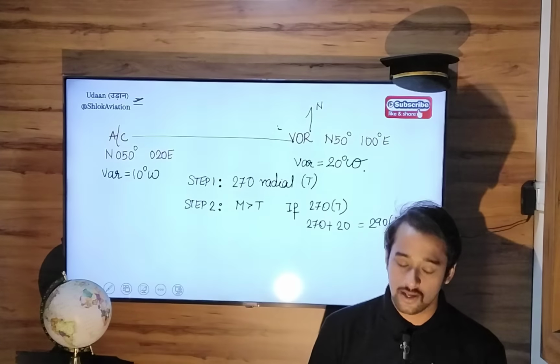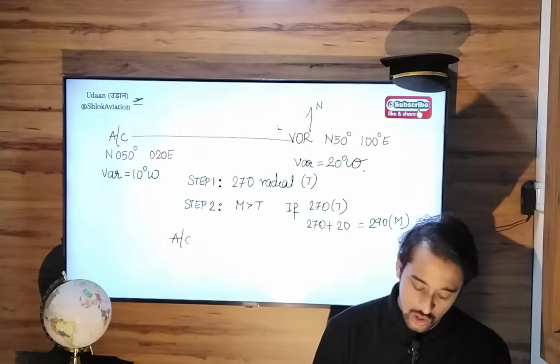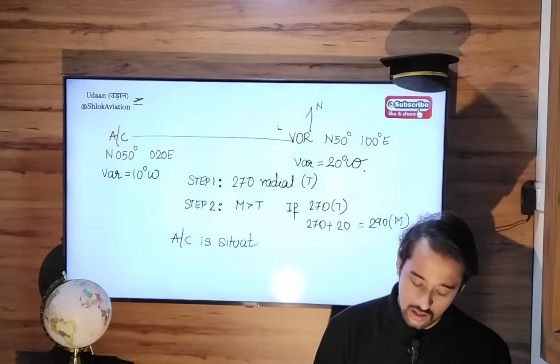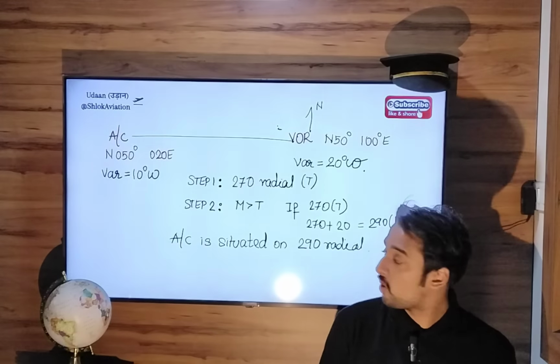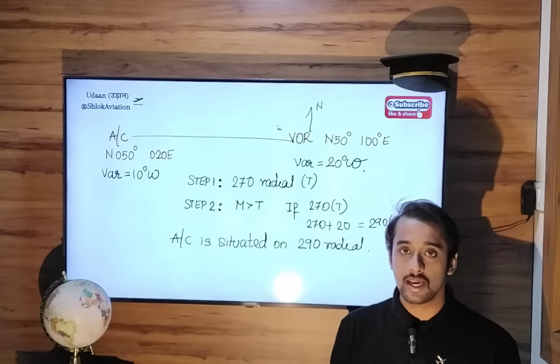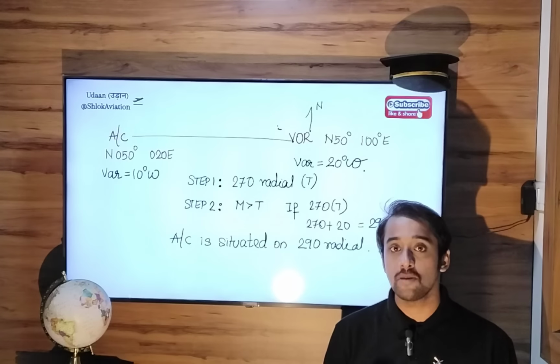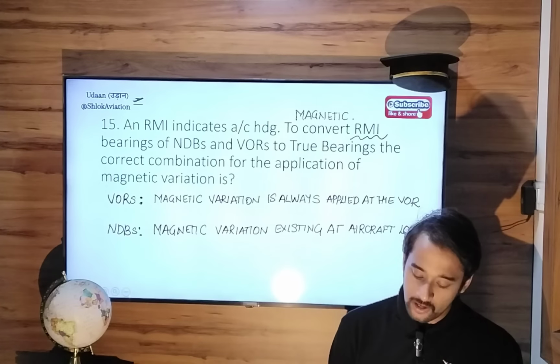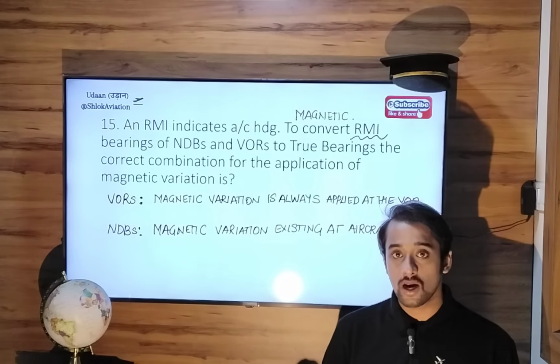So final answer will be aircraft is situated on 290 radial after applying magnetic variation. So your answer should be the magnetic radial, not the true radial. So for VOR, always apply variation at the VOR station.